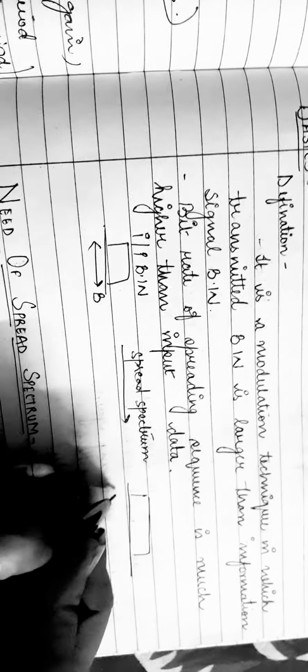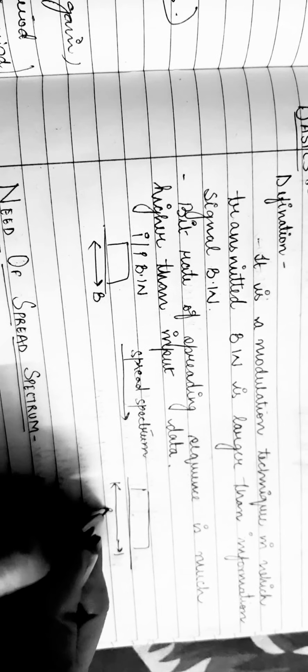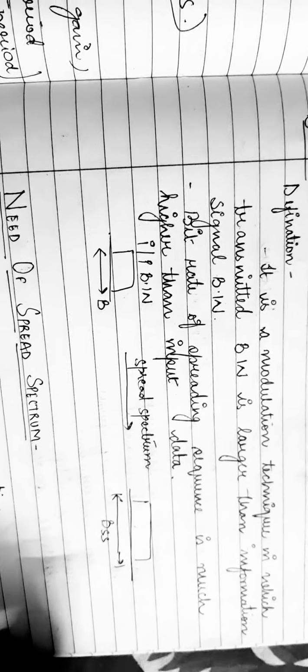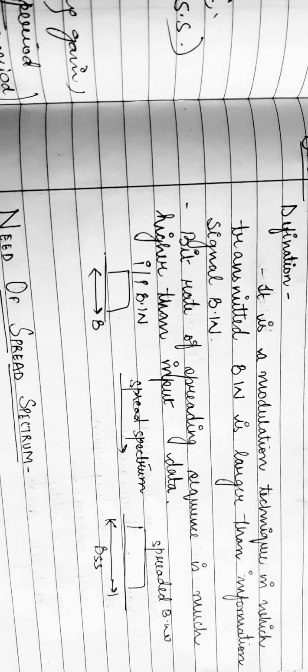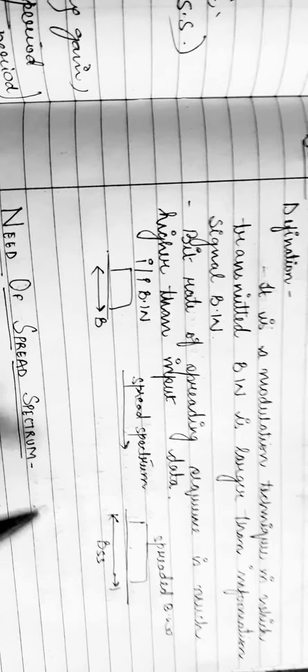For example, this is your bandwidth B. This bandwidth will get increased after the spread spectrum, and it will become BSS. Here we call it the spreaded bandwidth. So from here we can see that the bandwidth is getting increased. This is what we do in spread spectrum.